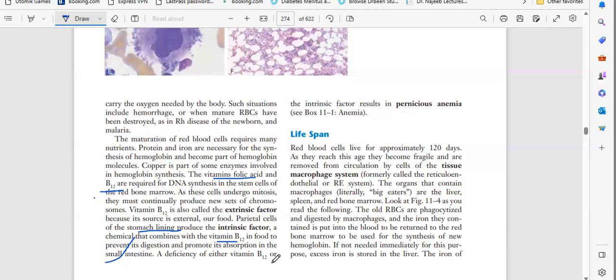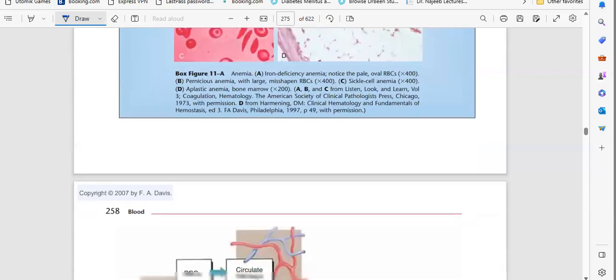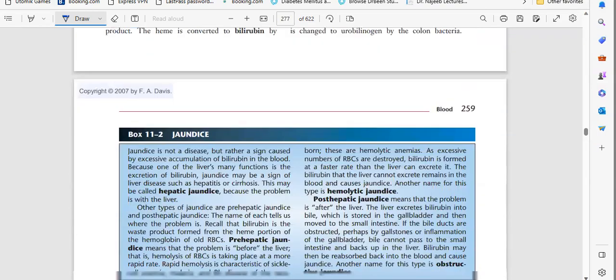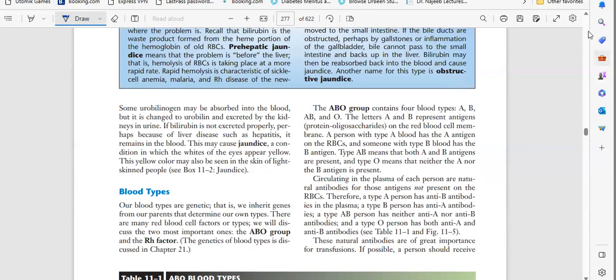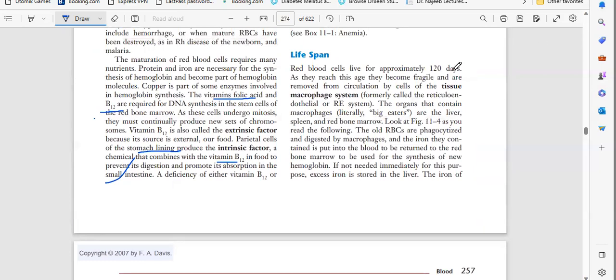So these are the things you have to remember. So what is the lifespan? The lifespan of RBC is 120 days.